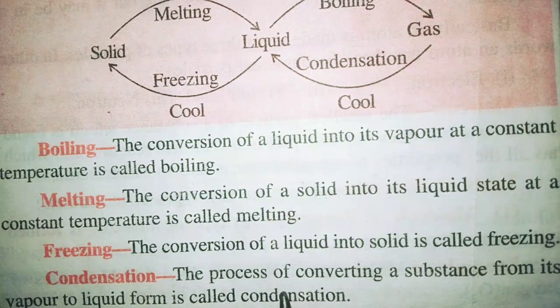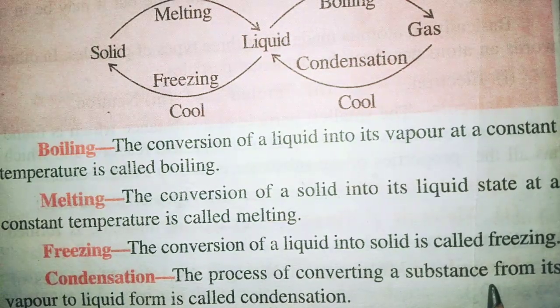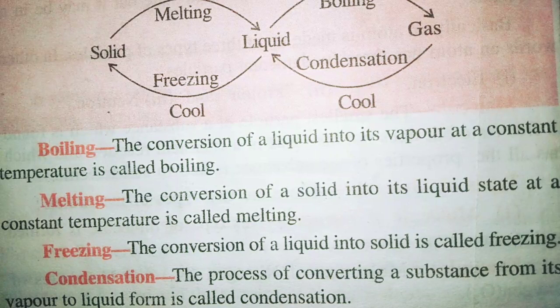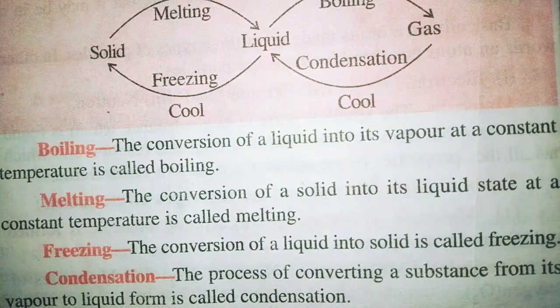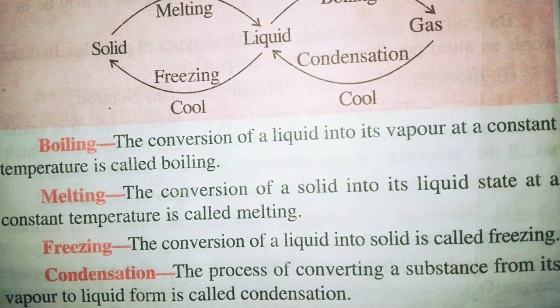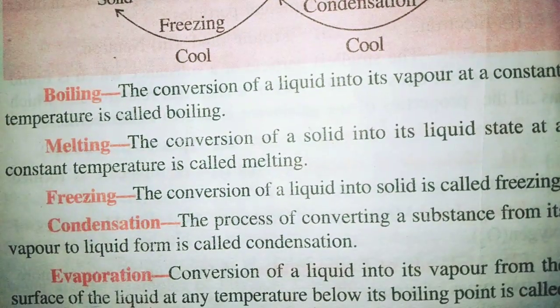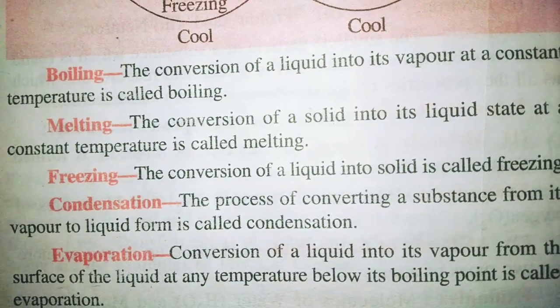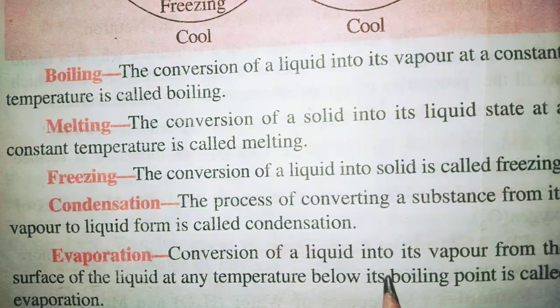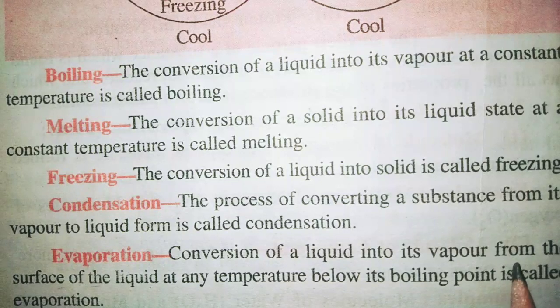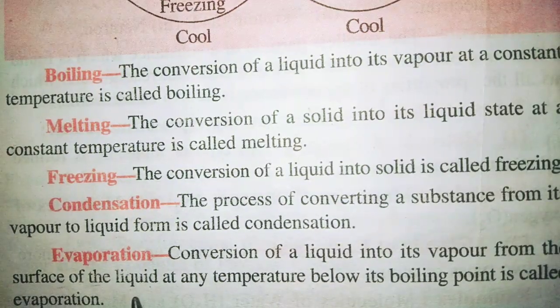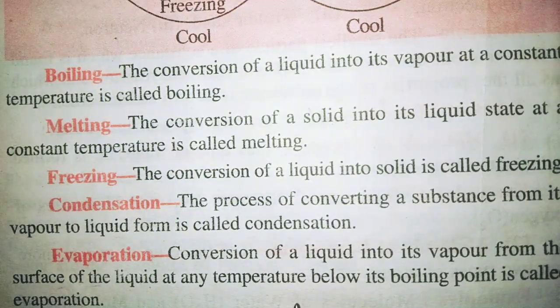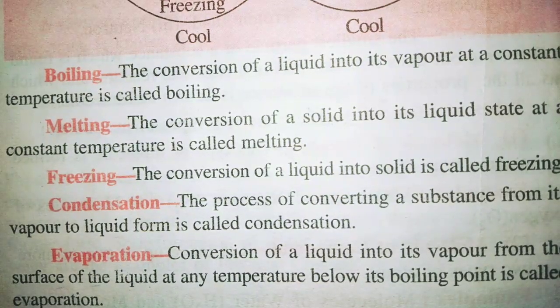Condensation. The process of converting a substance from its vapor to liquid form is called condensation. The conversion of a liquid into its vapor from the surface of the liquid at any temperature below its boiling point is called evaporation.